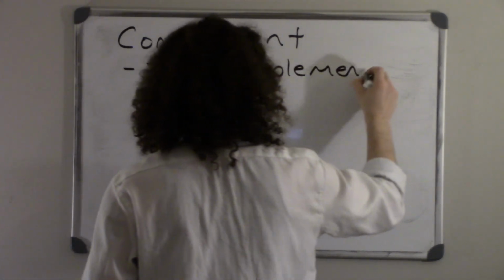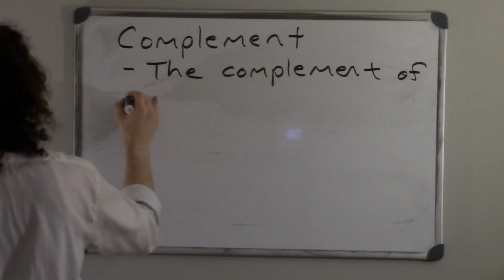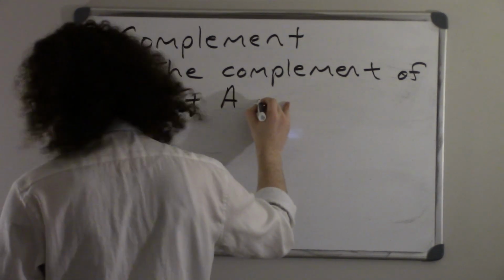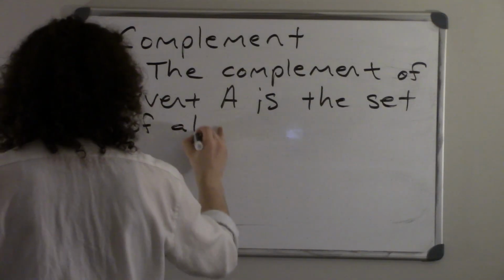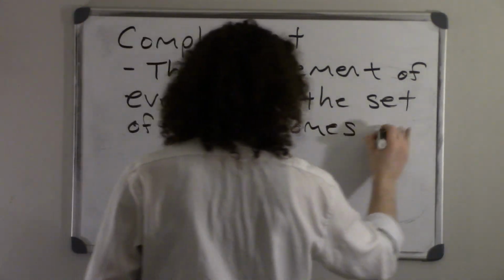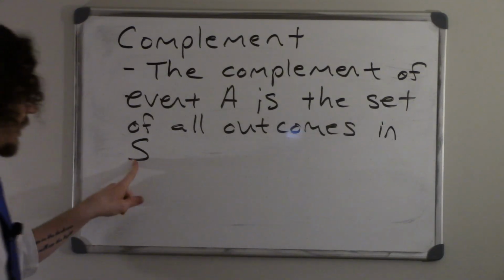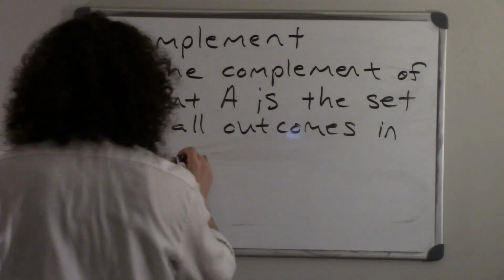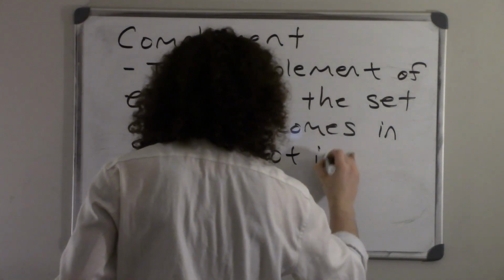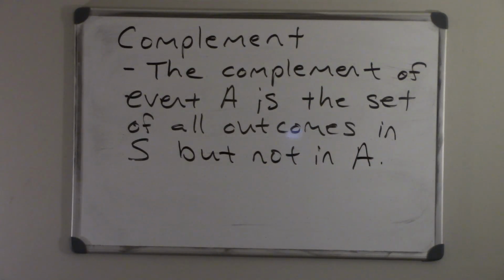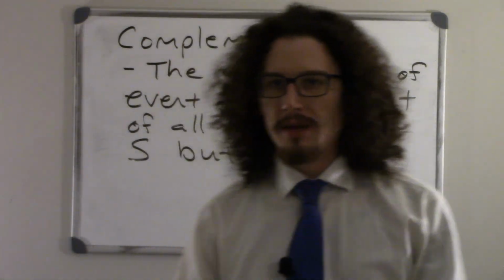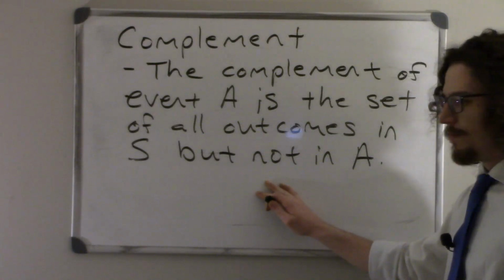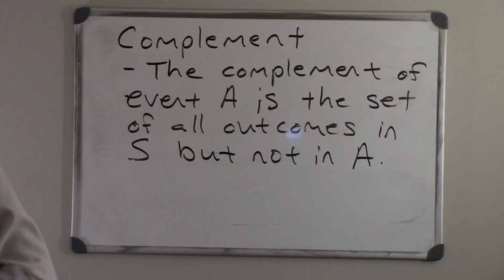The complement of an event, or specifically the complement of event A, is the set of all outcomes in S, or the sample space, but not in A. So the complement of A is just everything but A. So everything else in the sample space except for A, that's what the complement is looking for.